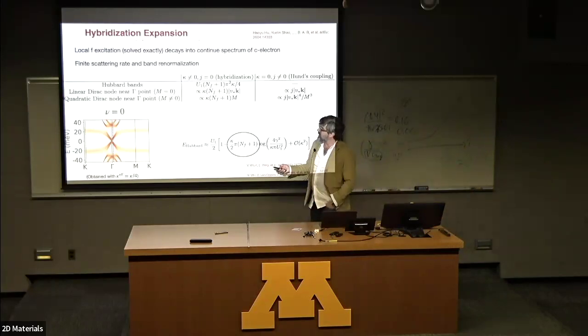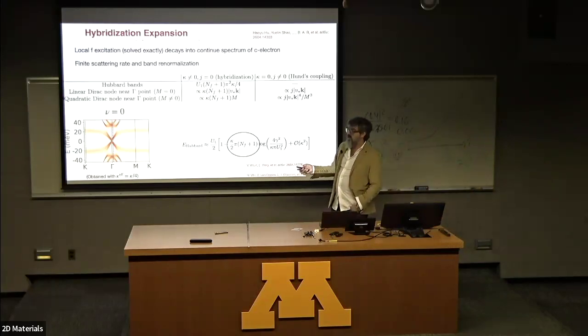The Hubbard bands are not sharp anymore. They have a lifetime that has this expression. These fermions at the gamma point, there are two kinds of fermions at the gamma point. There's the one that remains gapless, and there's the one that splits by the Bistritzer-MacDonald bandwidth.